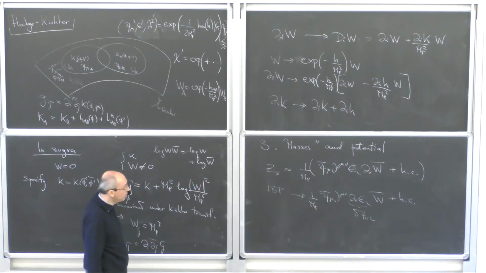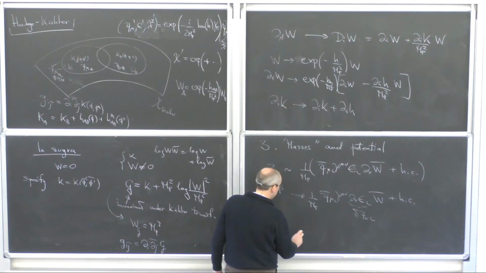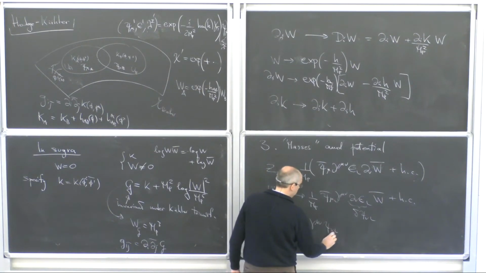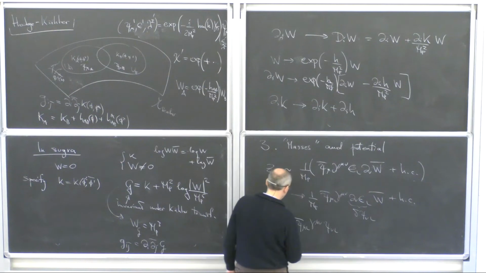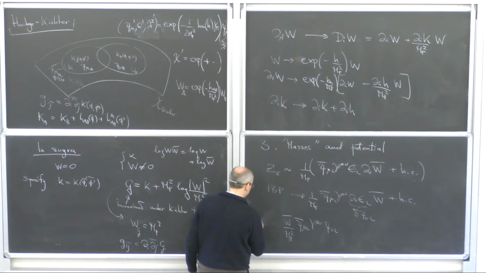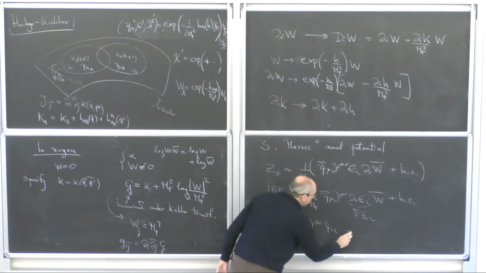So this means you add to the Lagrangian a new term which looks like a mass term, of the form psi bar gamma mu nu psi nu, and in front I have a W bar over m Planck squared, plus Hermitian conjugate.